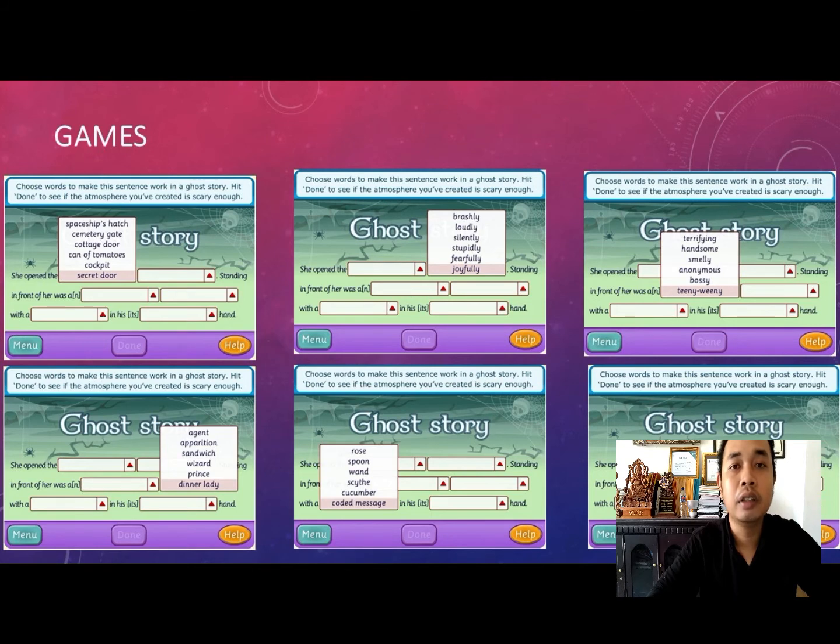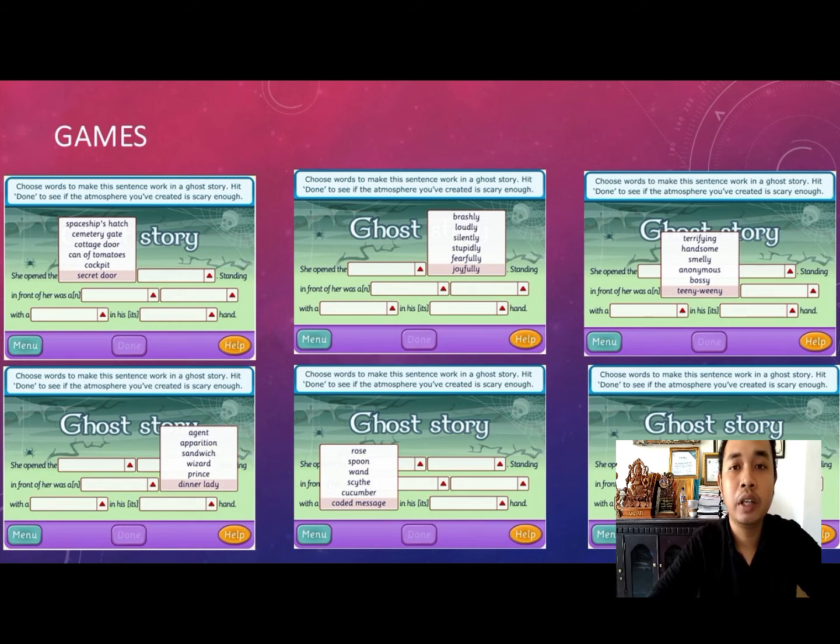For example, the teacher gives the students a paragraph with the topic scary ghost story, and the students need to guess the correct words to fill the blank spaces in those sentences. The students need to work in groups.